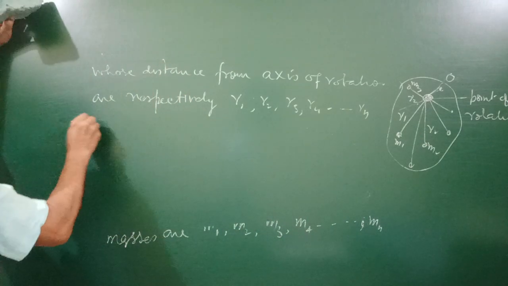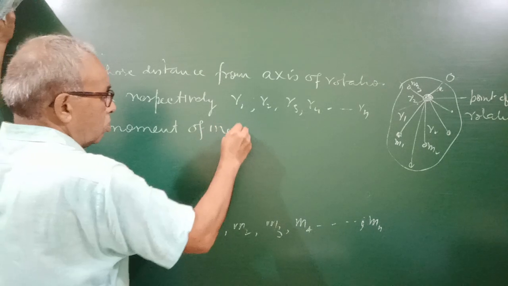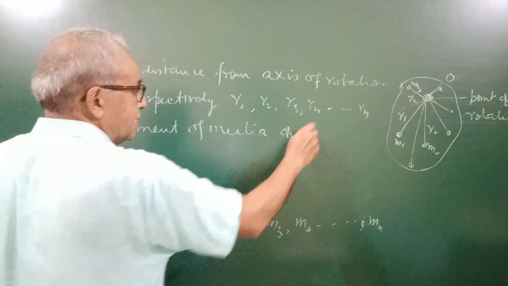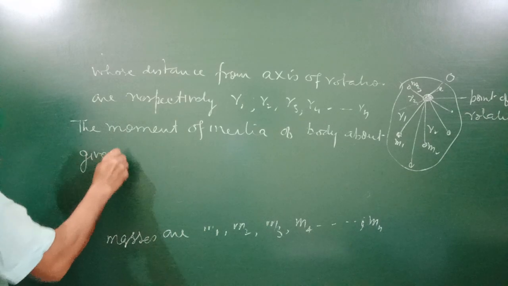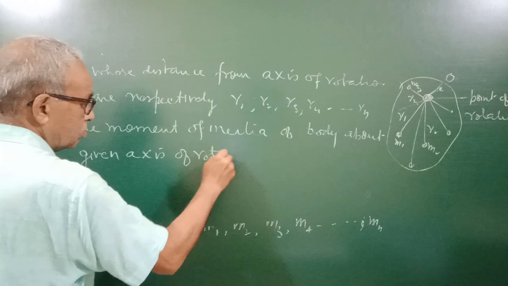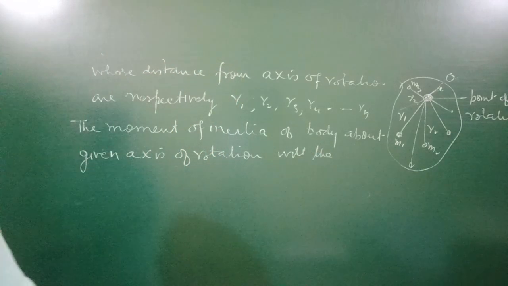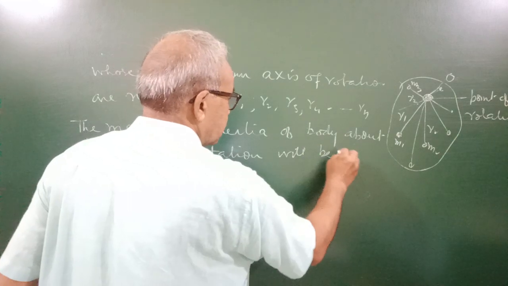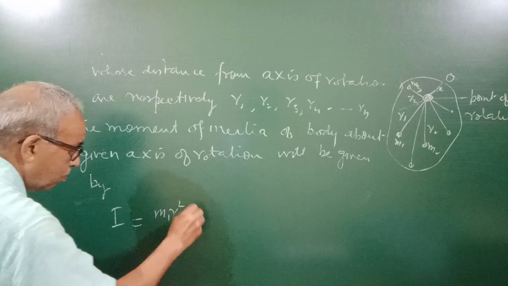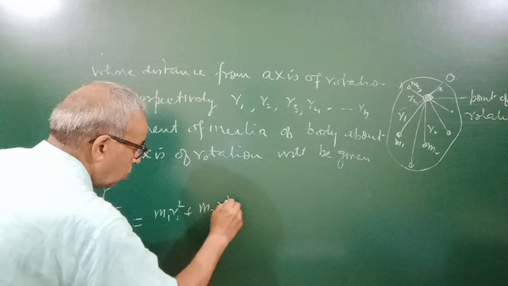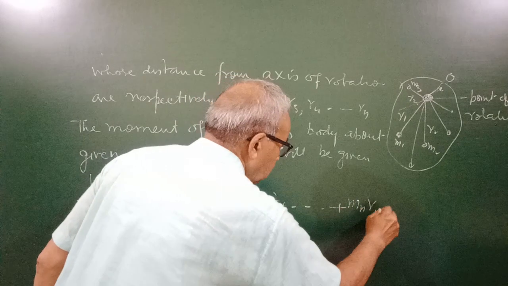Then the moment of inertia of the body about the given axis of rotation will be given by I equal to m1 r1 square plus m2 r2 square plus m3 r3 square plus so on up to mn rn square.